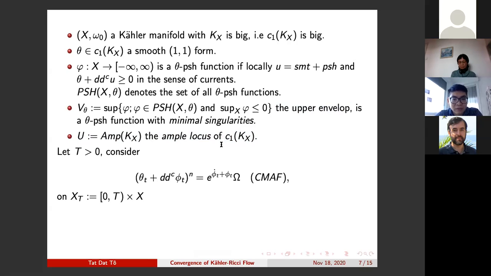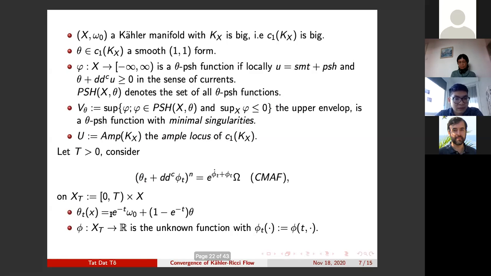And now we consider the equation, the complex Monge-Ampère flow, which is exactly the form of the Kähler-Ricci flow when we write it out in local coordinates. Theta_t is this form. I already defined it above, but I recall it here. Theta_t is a family of smooth (1,1)-forms. X_t is the product of (0,T) times X, where T here is any positive number.